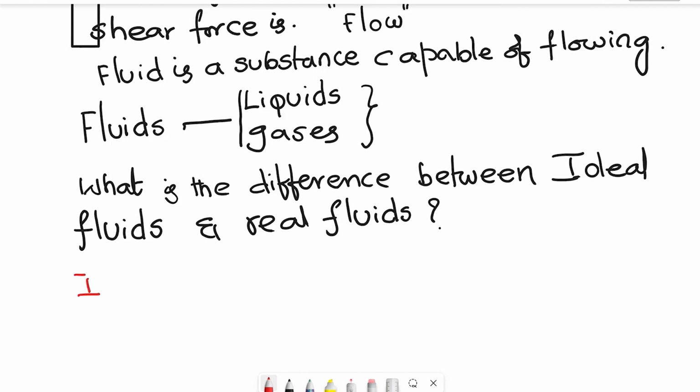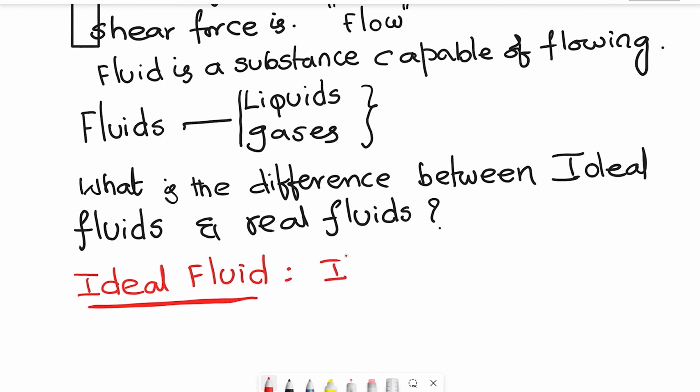Kindly remember, ideal means, you know what do you mean by ideal? Something which we feel that it does not exist. It does not exist actually.